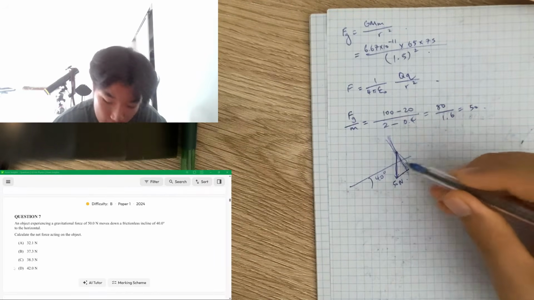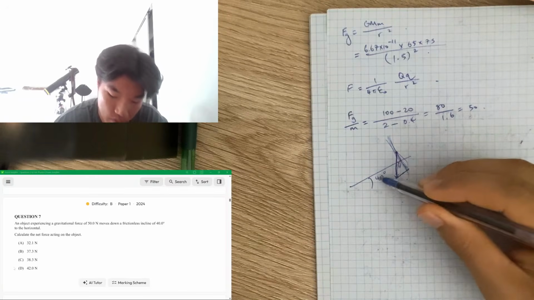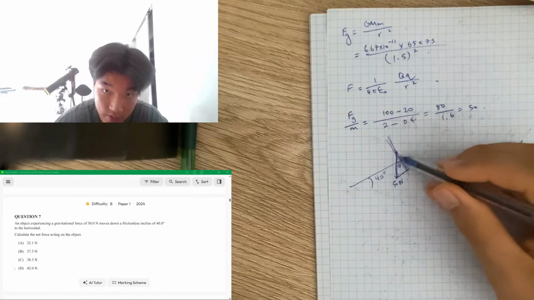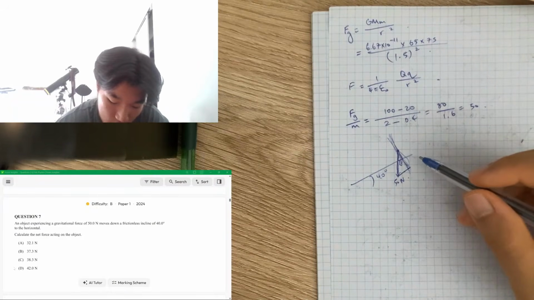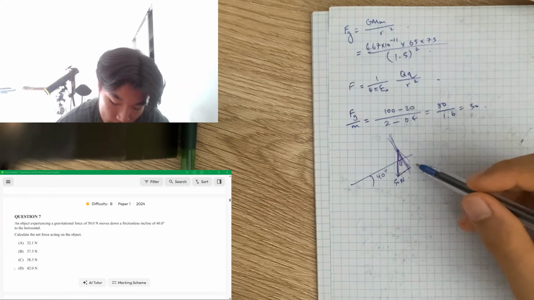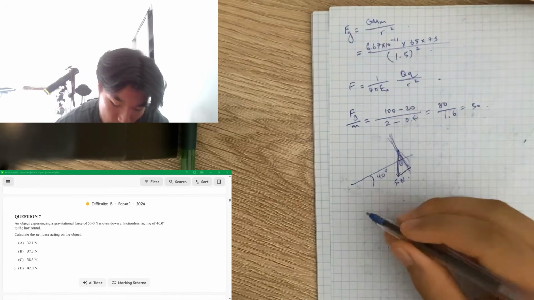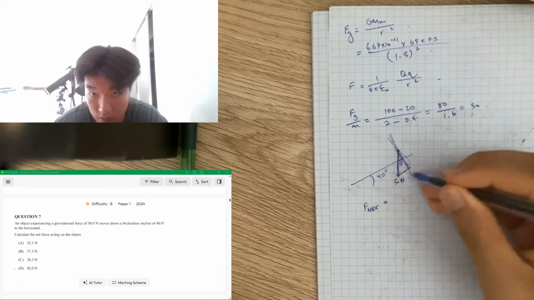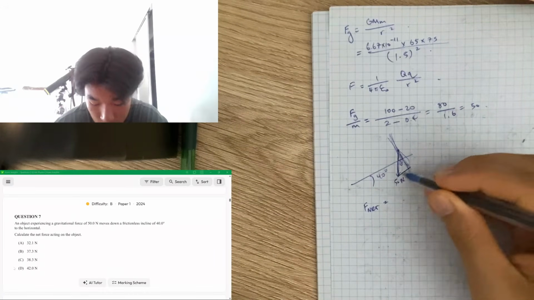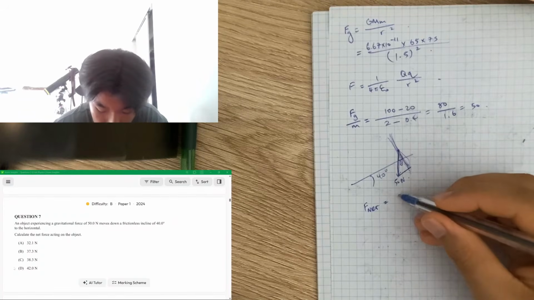So to get this, you just get theta, which is 40 degrees. It translates over here due to complementary angles, and then we can get the net force, which is just equal to this parallel force from gravity.